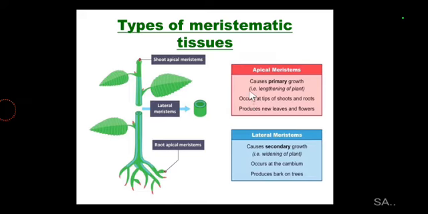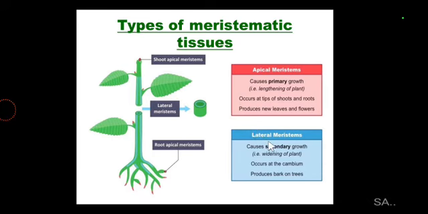Their function is to cause the primary growth. And what do you mean by primary growth? It means the plant part is increasing in length. So they are increasing the length of the plant body. If you look at this shoot part, then this is increasing lengthwise, so this is basically the primary growth.